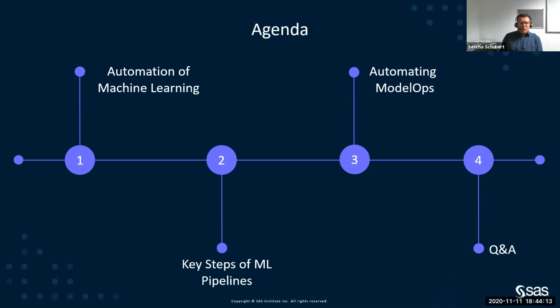And then I also want to talk a little bit about automating model ops. Model ops is not a new framework, but it has become more of a hot topic of discussion lately. We're talking not about how to develop a model, so how to apply a statistical algorithm to data and create an algorithm that can predict an event or a certain outcome on new data, but how you actually put that model that you developed into production, put it into an application and use it for regular results or regular answers.